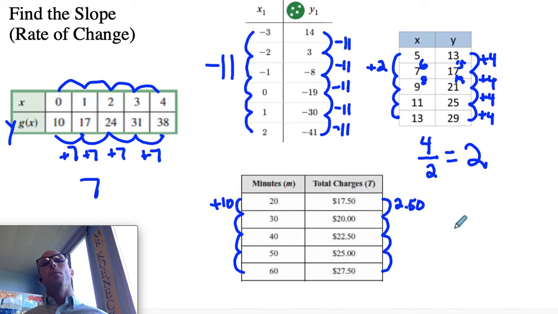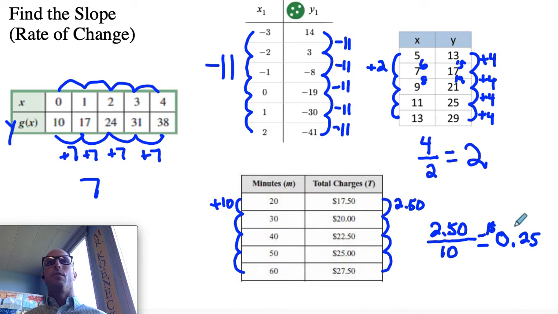Okay, so I'm increasing $2.50, but that's not my rate because that's every 10 minutes, it looks like here. Okay, so 250 divided by 10 is 0.25. Okay, I'm going to put my dollar sign on there to label it.